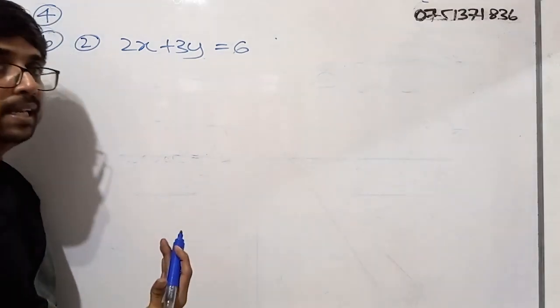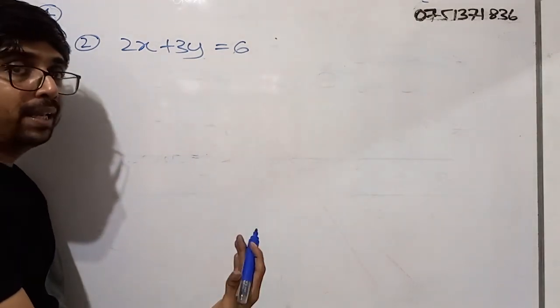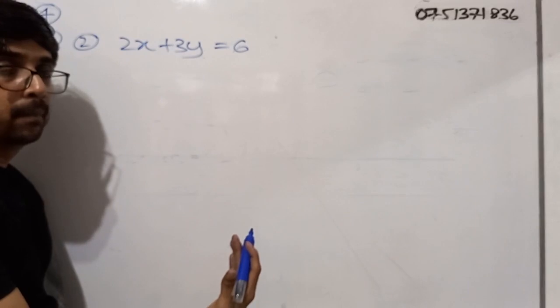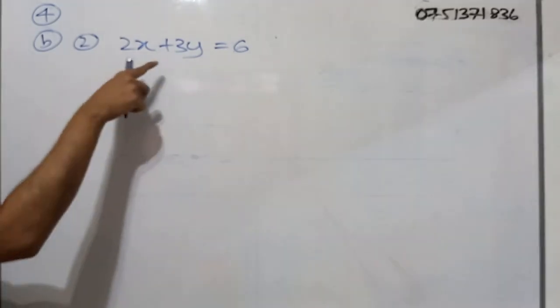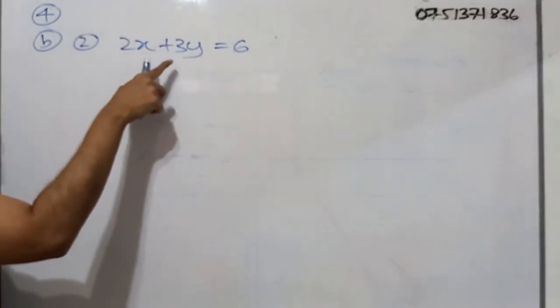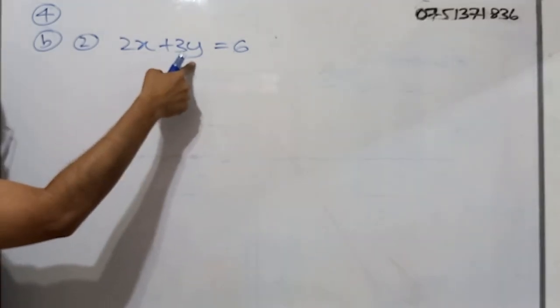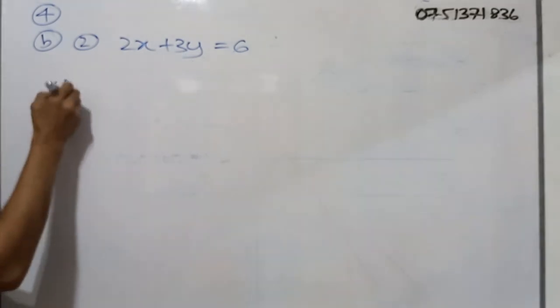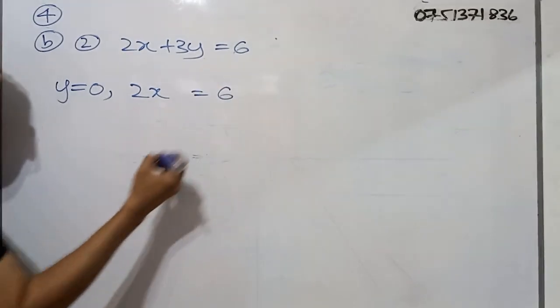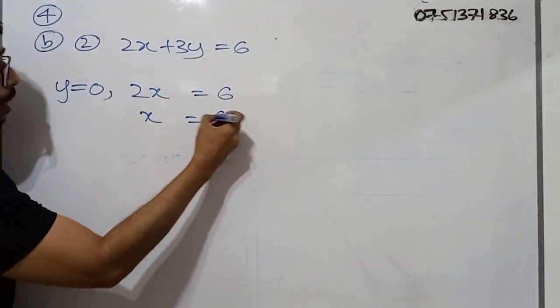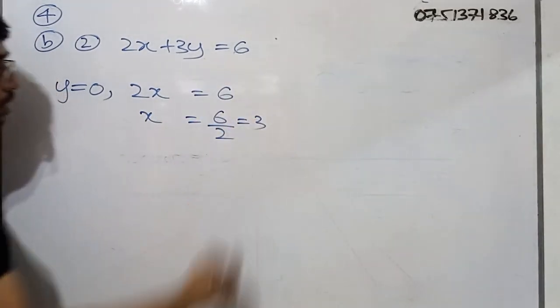The x-intercept and the y-intercept, right? Without drawing the graph. So first of all, we will consider the value of y as 0. So when y is equal to 0, 2x will be equal to 6. So x will be equal to what? 6 divided by 2, which is 3.